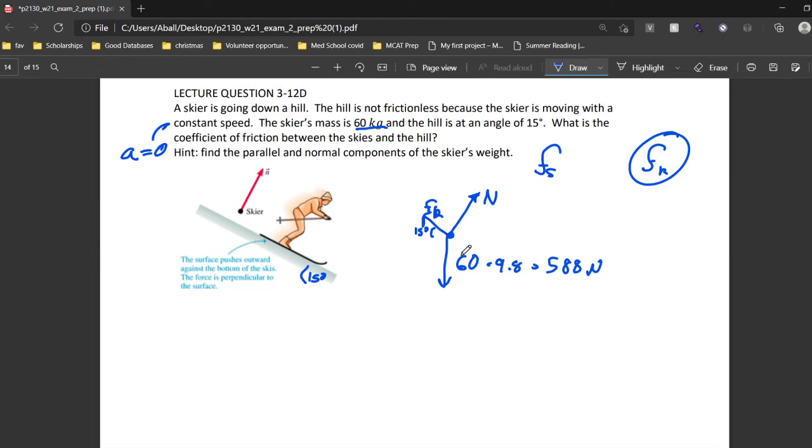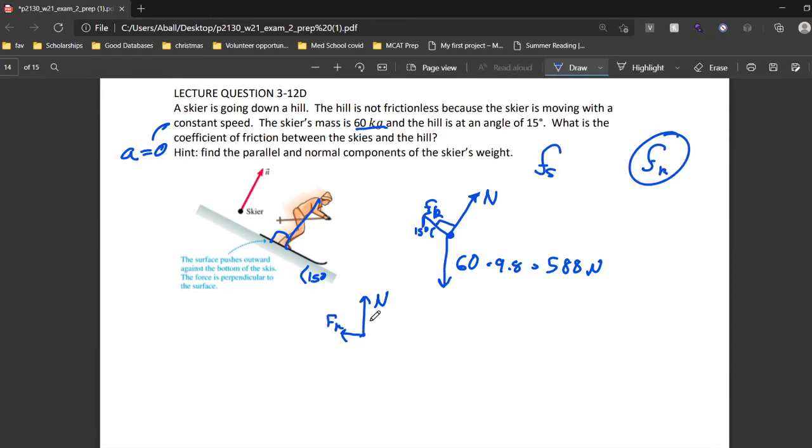So we can rotate this exactly 15 degrees, and we can say that the normal force is straight up. The frictional force is at a 90-degree angle to it because they're perpendicular. The normal force is perpendicular to the surface that you are in contact with. So you can see the 90-degree angle. So this is F sub K.